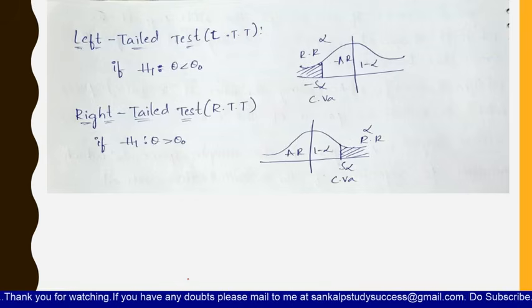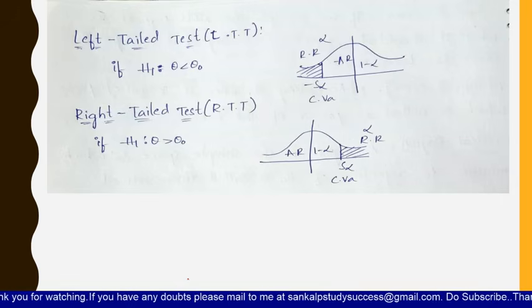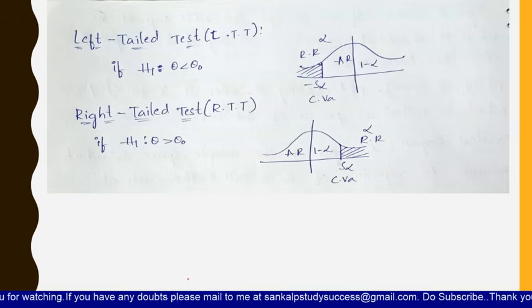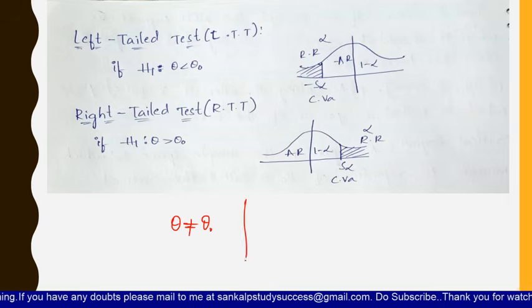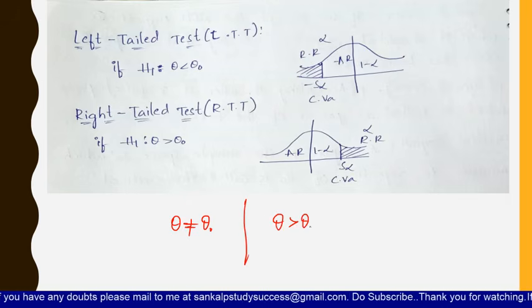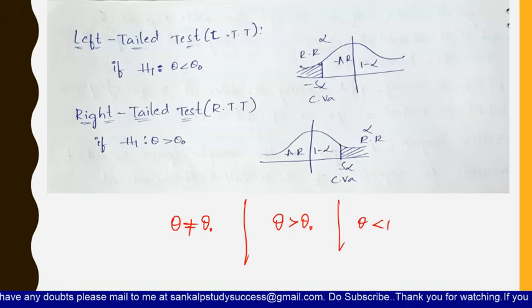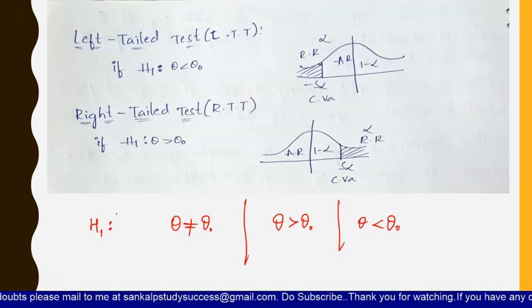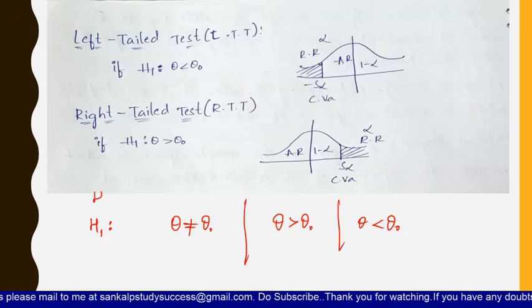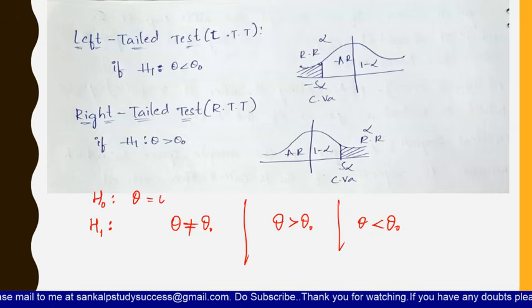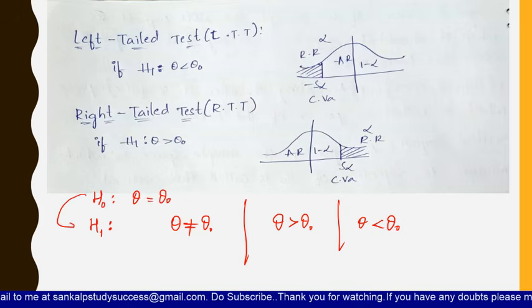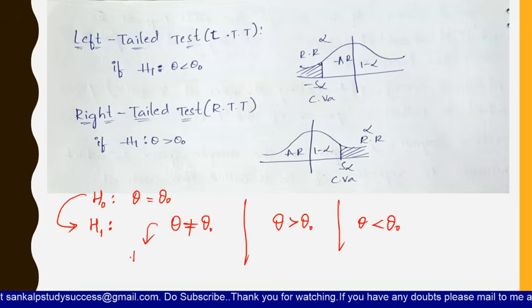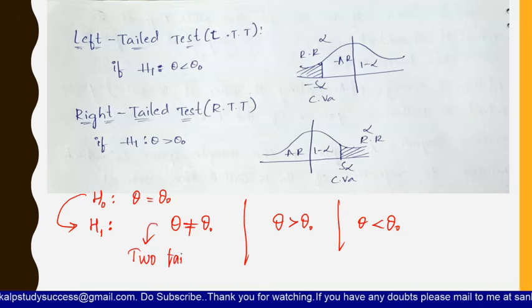So here there is a two-tailed test, which is theta not equal to theta naught. And we have also seen two more cases, where theta is greater than theta naught and theta is less than theta naught. These are all H1, the alternate hypothesis. When the null hypothesis is theta equals theta naught, we have three cases for the alternate hypothesis, and we have just seen the two-tailed test.